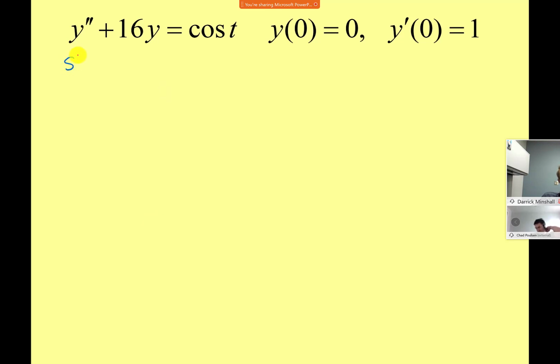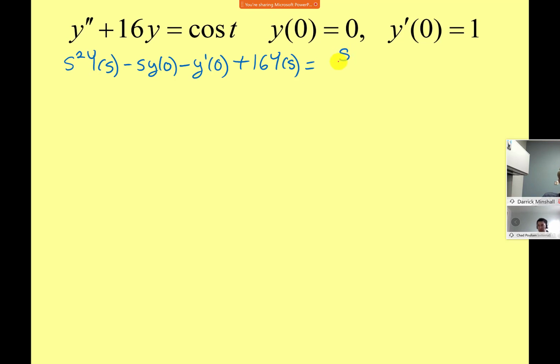So it's going to be s squared times the Laplace transform of y, minus s times the first initial value, minus the initial value of the derivative. So there's my y double prime, sorry. And then I've got 16 times the Laplace transform. And then over here on the cosine, I need to Laplace transform cosine.